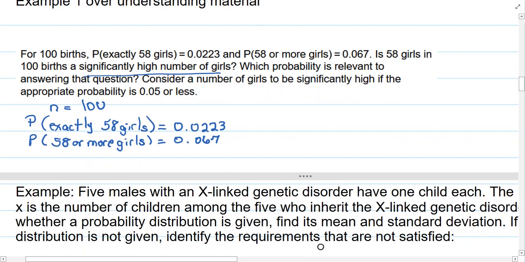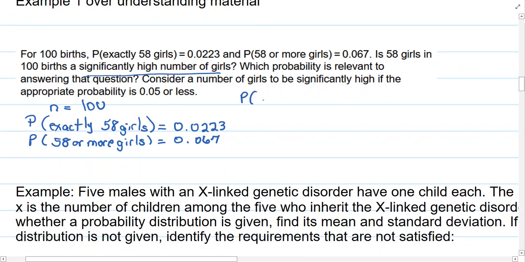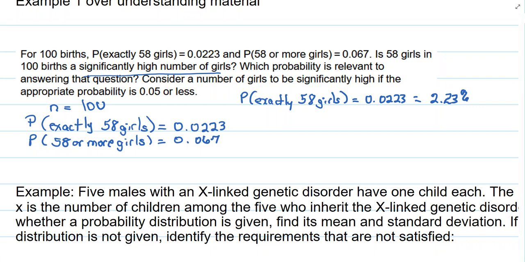The first one, the probability of exactly 58 girls born out of 100, is 2.23%, and we know 2.23% seems to be less than the 5%, but we have to take one or the other.